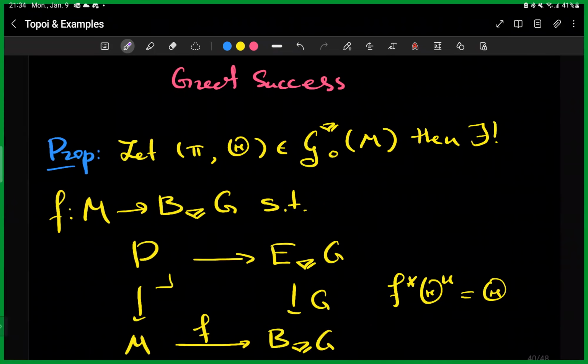What is the intuition of this object? So basically, that's just a groupoid which classifies bundles with connection.